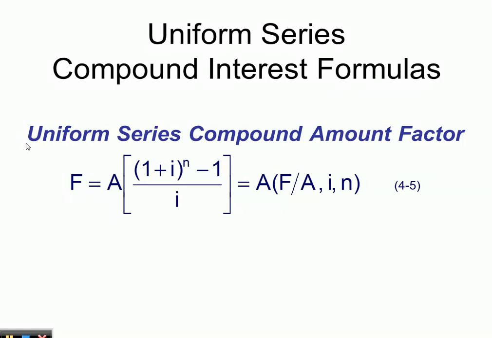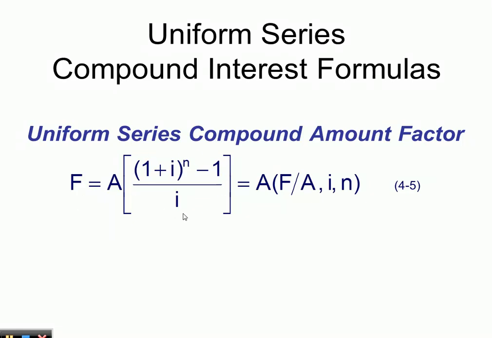So the first formula is the uniform series compound amount factor, and it connects the uniform series A to the future sum of money F. The future sum of money is what we're going to have at the end of n periods, and every time at the end of each period we're depositing A. So then in the future period, at the end of n years, we have the amount F.